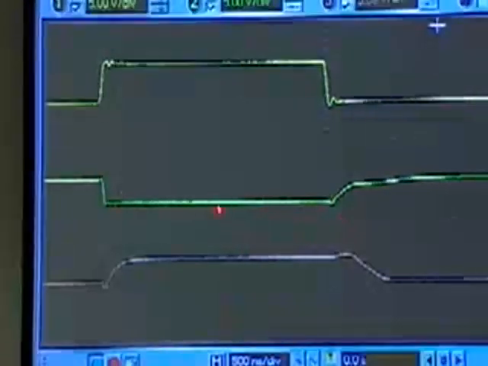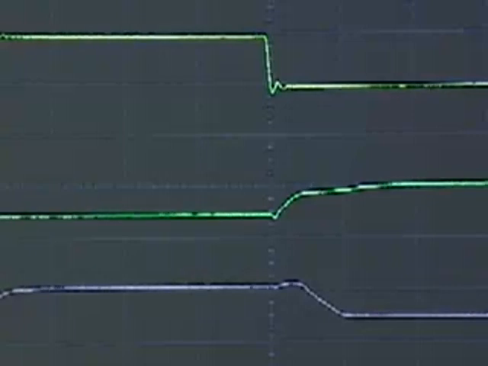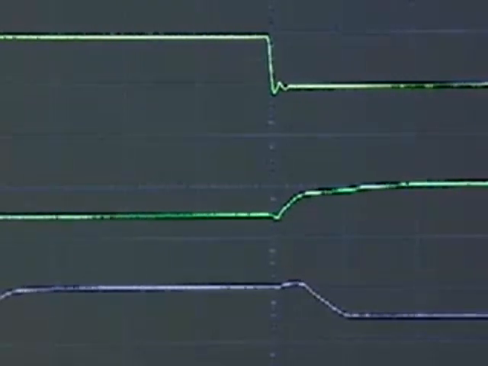What we're going to see is that the yellow waveform is the waveform at the input here, and the green waveform here is the waveform at this intermediate node. Notice that this waveform is characterized by the slowly rising characteristics that's typical of an RC circuit.